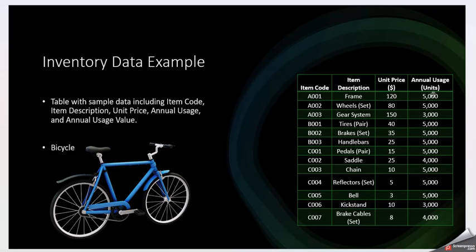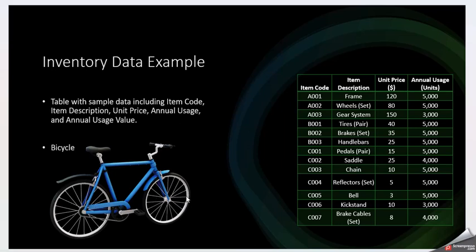And then against that you have annual usage. How much is my demand, or how much do I need in a year? This is your volume. Basically I need 5,000 frames, and 5,000 wheel sets. Gear mechanism I need only 3,000, because I might be making 2,000 bicycles without gears.